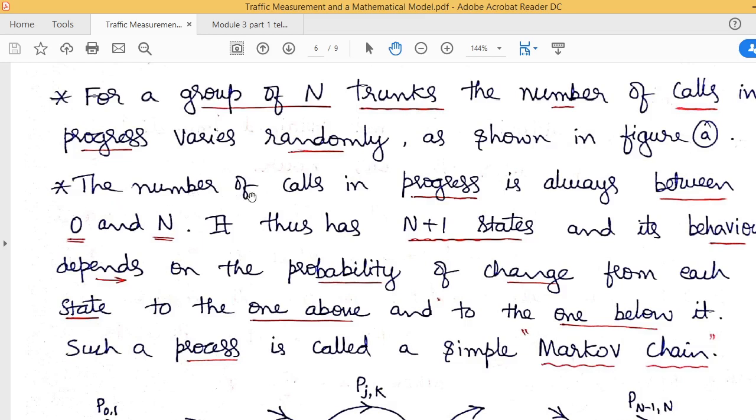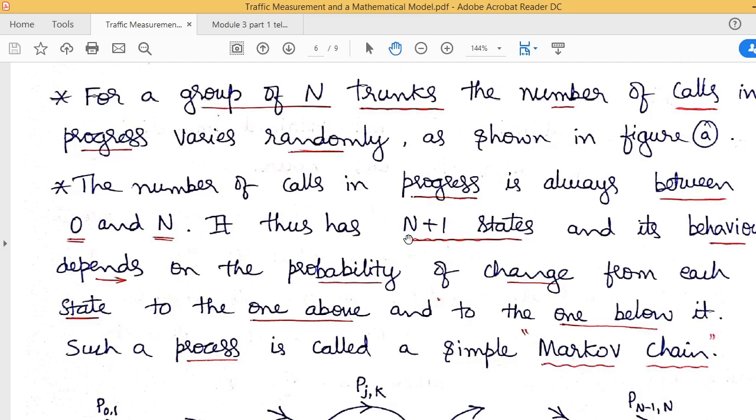So the number of calls in progress is always between 0 to n. Since there are n number of trunks, we can accommodate n number of calls. Of course, we can accommodate zero number of calls also. If no calls are there, you can consider it as 0.